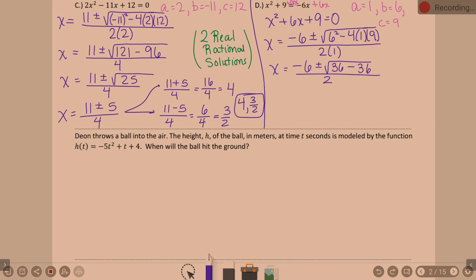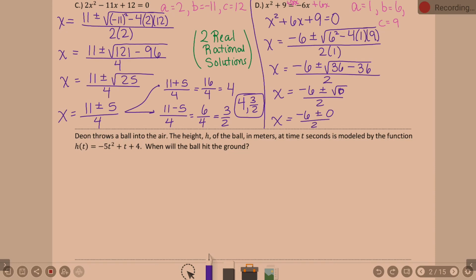So we have x equals negative 6 plus or minus. Officially it's the square root of 0, yes? Yeah. What is the square root of 0? 0. So realize, while I say square root of 0 there, that's really just a 0. So it's negative 6 plus or minus 0 all over 2.